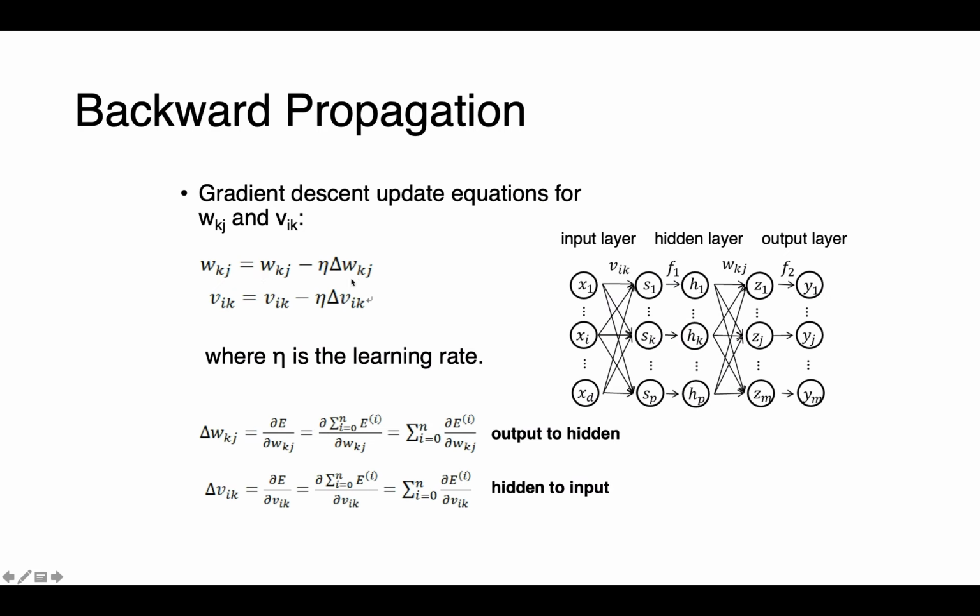Okay, so the delta W will be multiplied by a learning rate. This is the current WKJ, and the next WKJ will be the current W minus eta times delta W. So that's the update equation, and it's the same for the V weights.